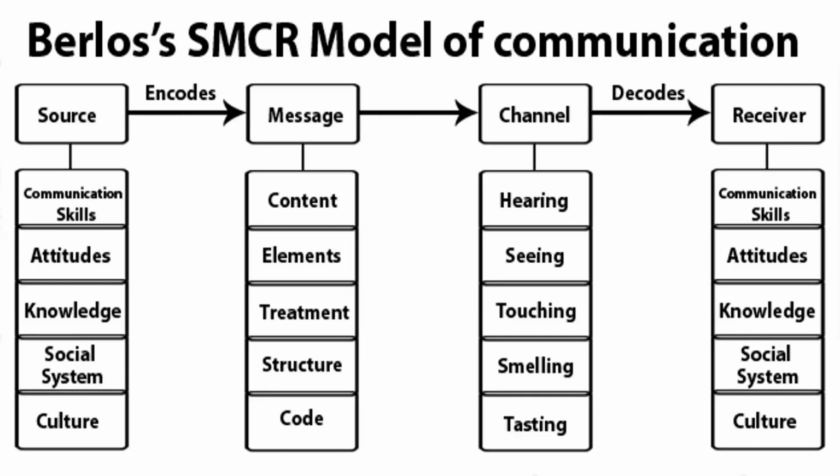Another one is attitudes. You have to have the right kind of attitude because it plays an important role in the process. The sender's attitudes towards others, himself or herself, and the environment can affect the meaning of the message. So before you send the message, you have the right kind of attitude towards others, and of course with yourself.